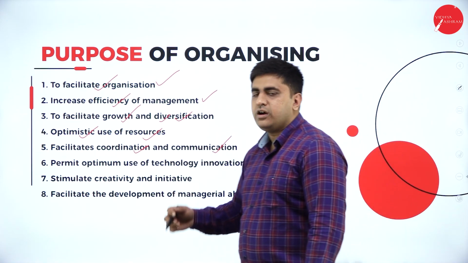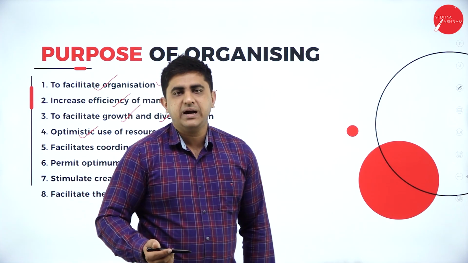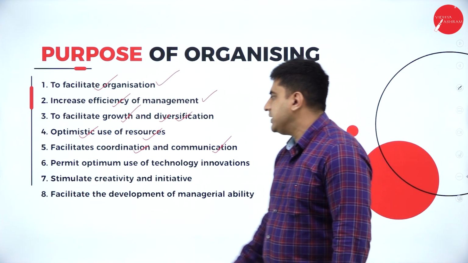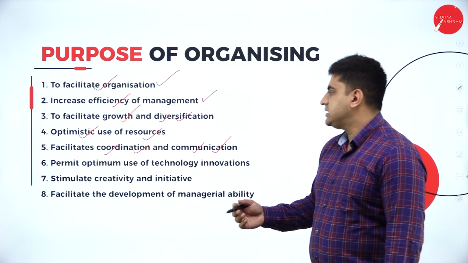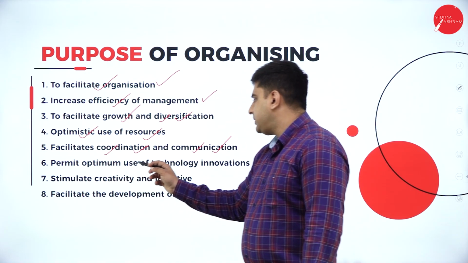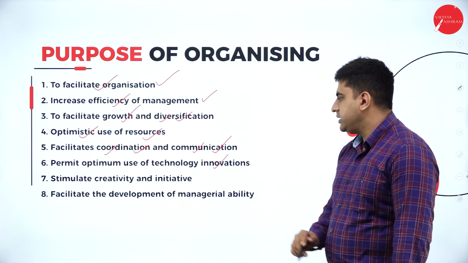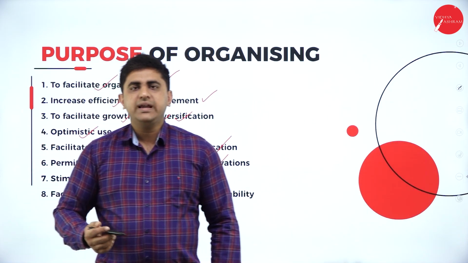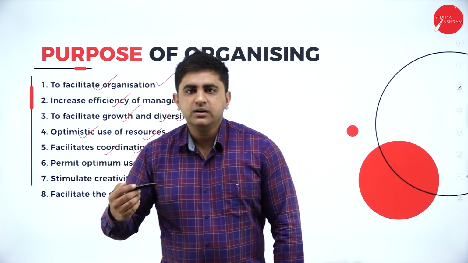Next one, facilitates coordination and communication. So obviously when you are organizing, you are communicating well, you are coordinating between different departments like finance, production and marketing. So what is happening is you are facilitating coordination and communication. Next, permit optimum use of technological innovations. What is the meaning of this? Innovation means upgrading. So what is happening now? What technology that is prevailing today is getting outdated tomorrow.